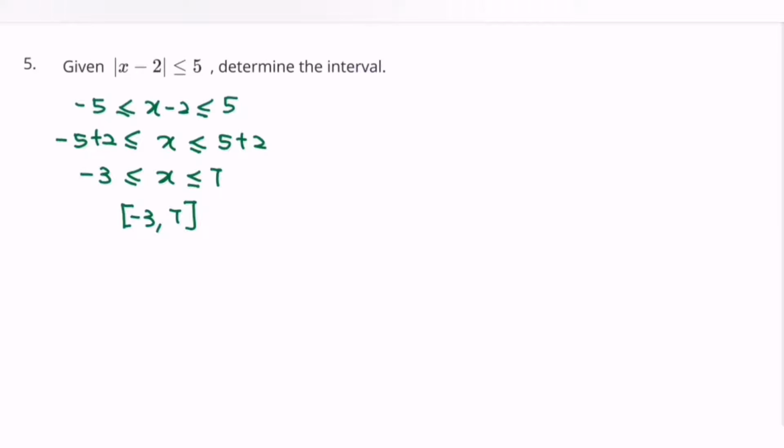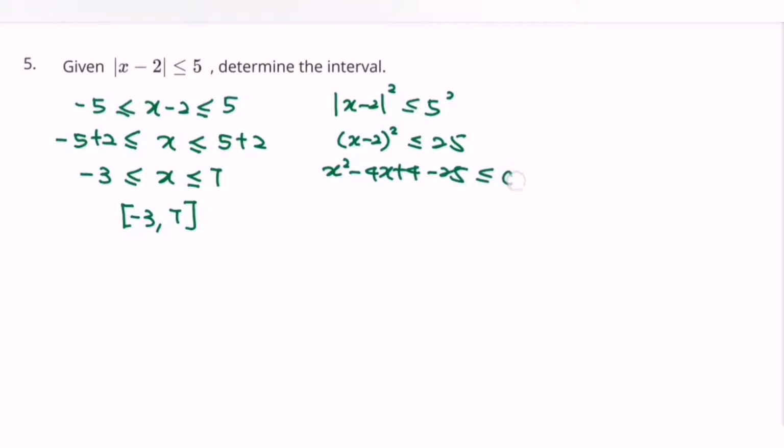Or you may square both sides for the situation. If we square both sides, we will have x minus 2 squared less than or equal to 25. So x squared minus 4x plus 4 minus 25, which is minus 21, less than or equal to 0.